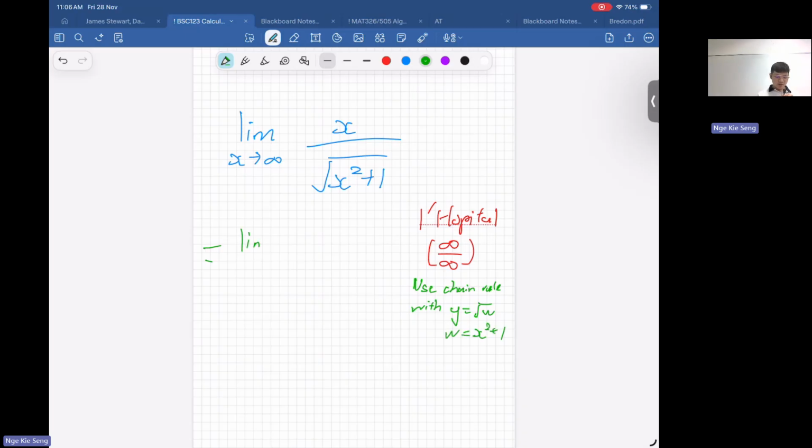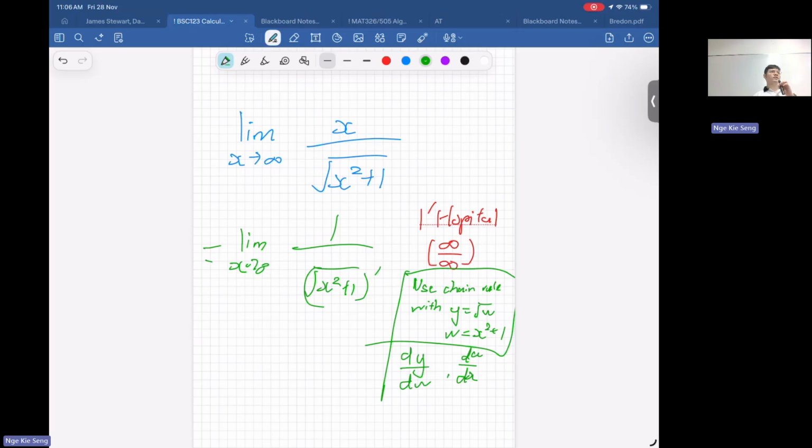Then you just tell me what the end solution is. It's okay, you don't need to write dy over dw and then dw. No need to write this because this is a side step to calculate the limit. So if you can write until this stage, it is very good.